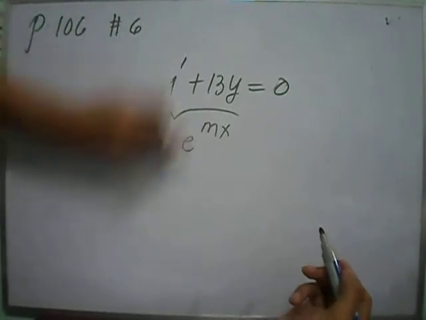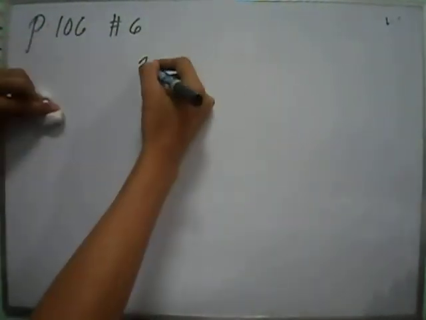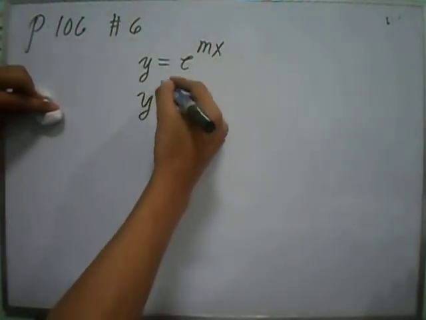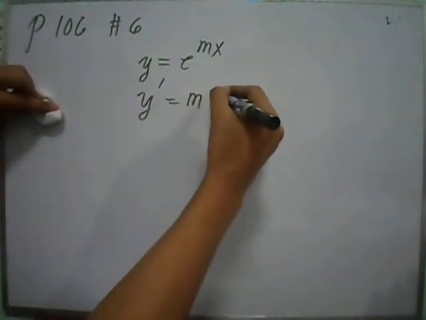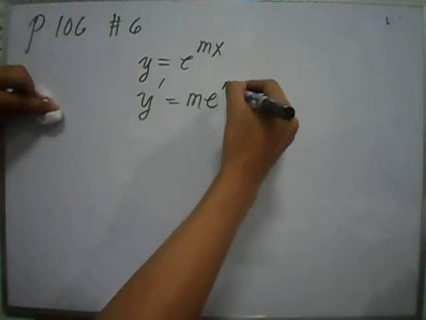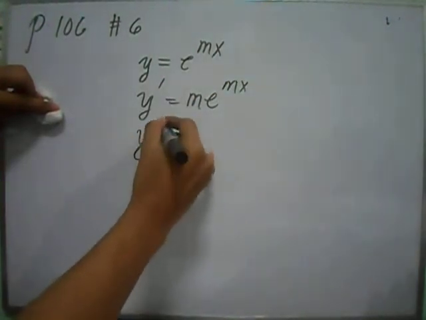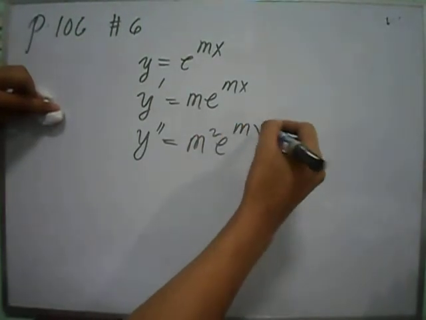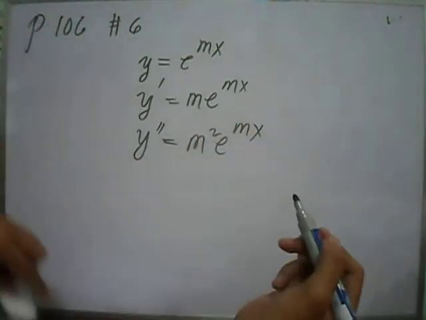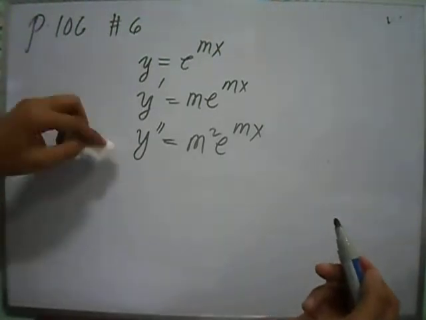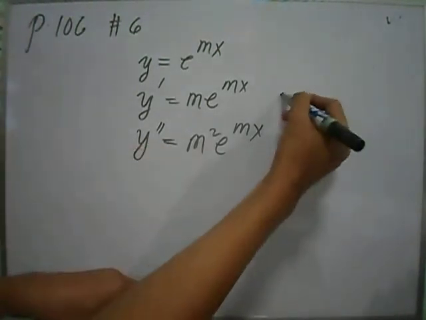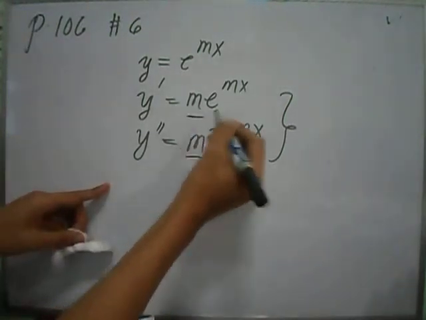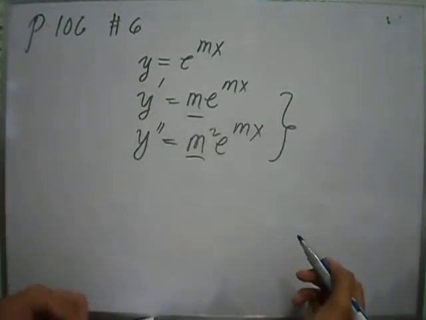So when we have y equals e to the mx, we have y prime equal to m e to the mx, and y double prime equals m squared e to the mx. Then we substitute these expressions to the original DE, solve for the roots of m, and apply the rules for cases.